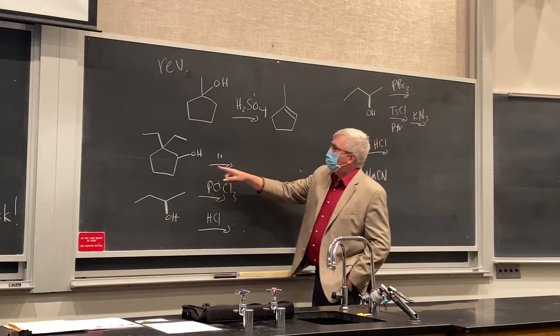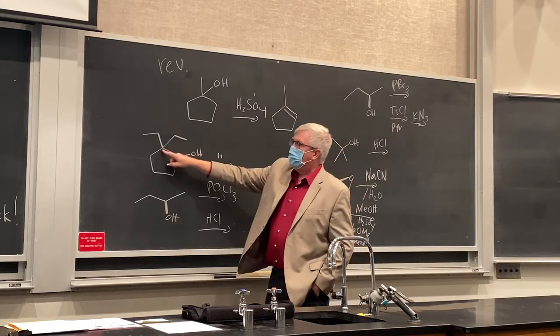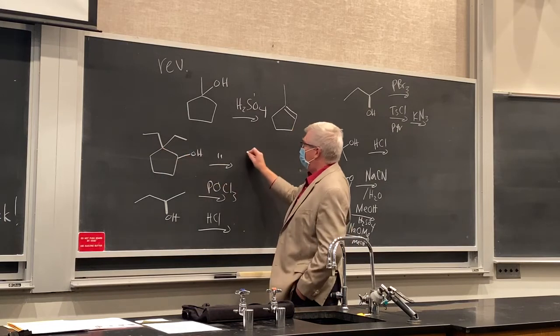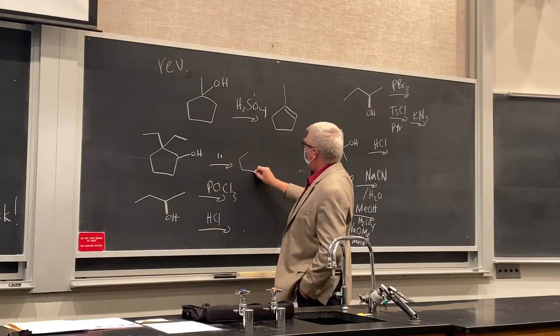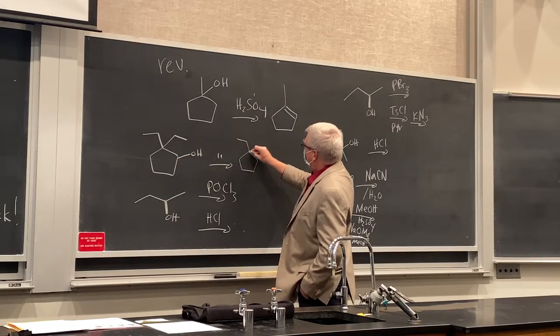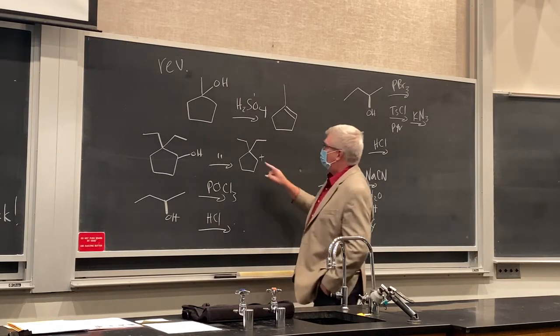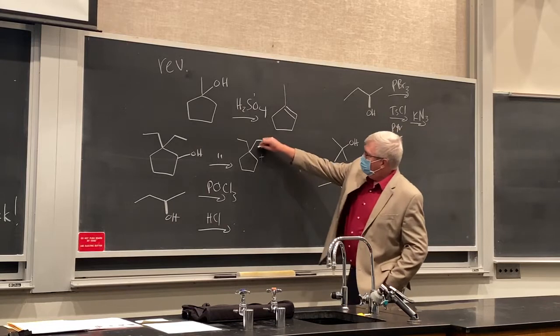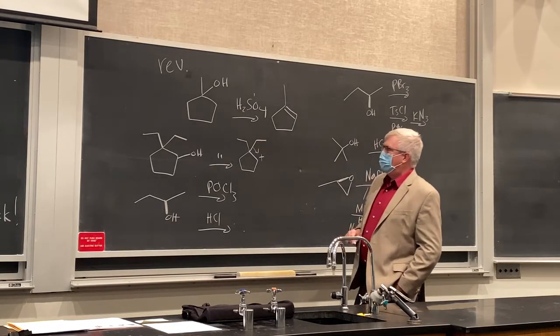Now, this one is a secondary alcohol, and it's branched at this position. So we've got an issue there. We can kind of go through the mechanism to think about this. So after we protonate and get the secondary carbocation, what can occur here? We can have one of these alkyl groups shift over, right?